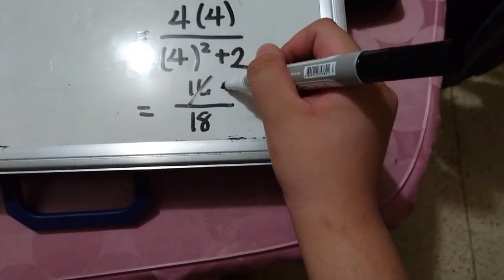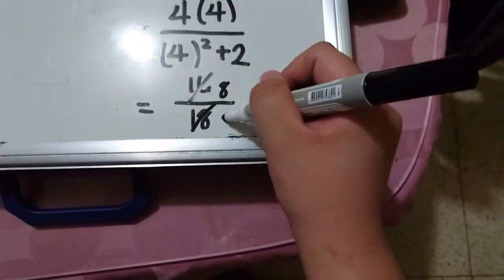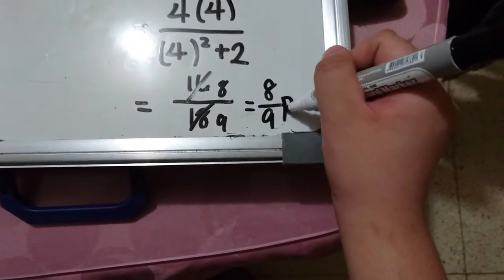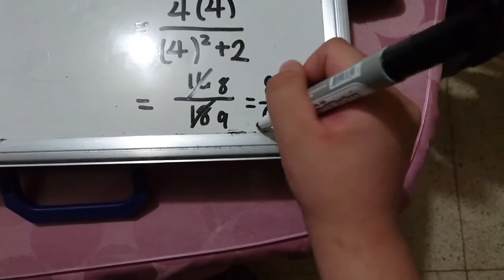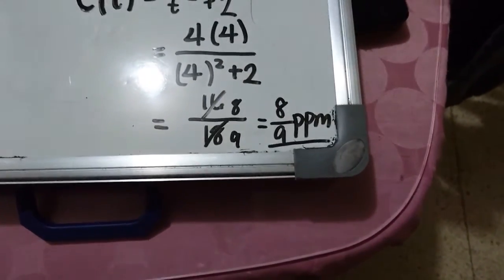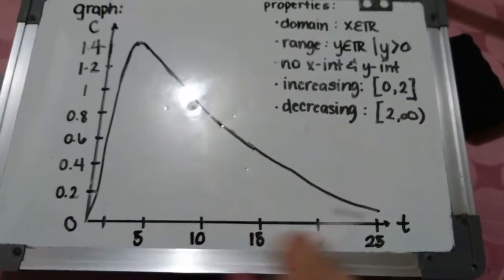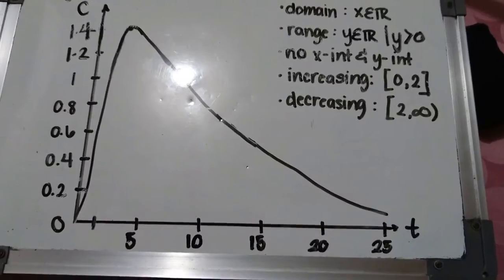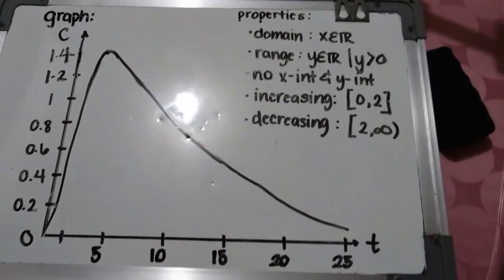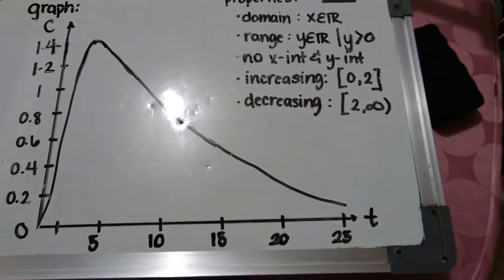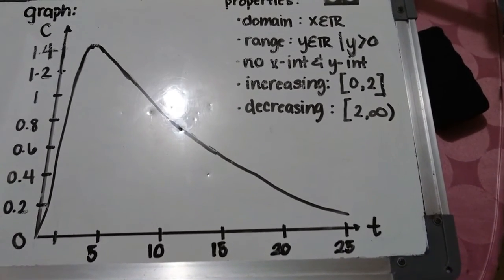What will the concentration of the drug be after 4 hours? So, time is 4, then we will find the concentration. So let us solve 4t over t squared plus 2: 4 times 4 equals 16, and 4 squared is also 16, plus 2.